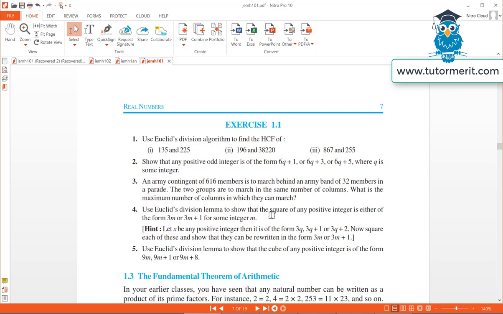Using Euclid's division lemma, show that the square of any positive integer is either of the form 3m or 3m plus 1. Now you have to take a square, and there's a form of 3 here. So if I am looking at a is equal to bq plus r, I'll have to put b as 3 so that even the squaring will give me factors of 3 only.